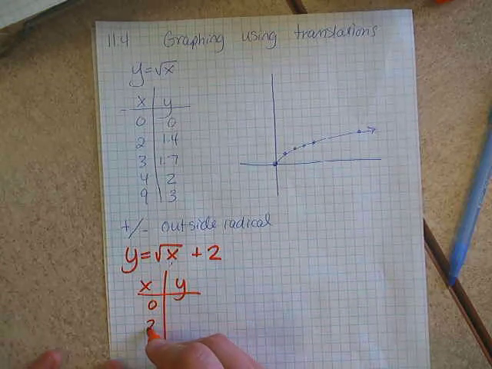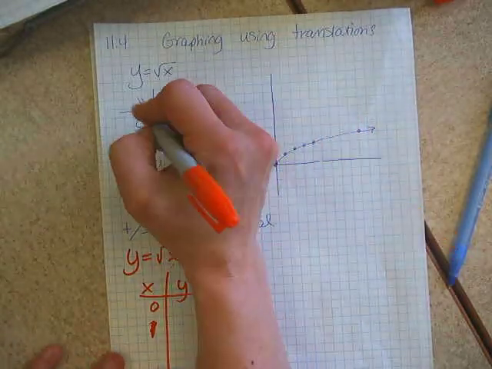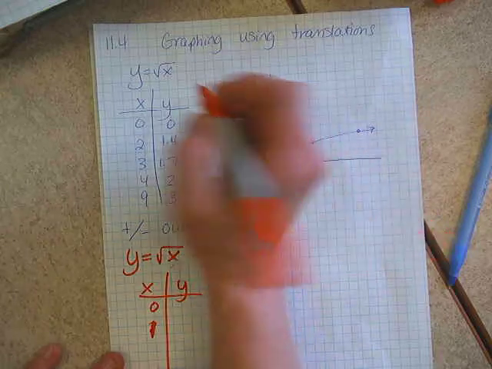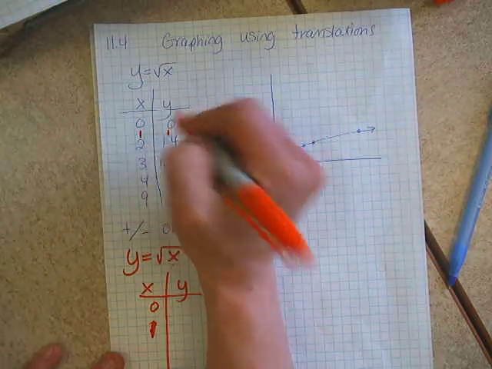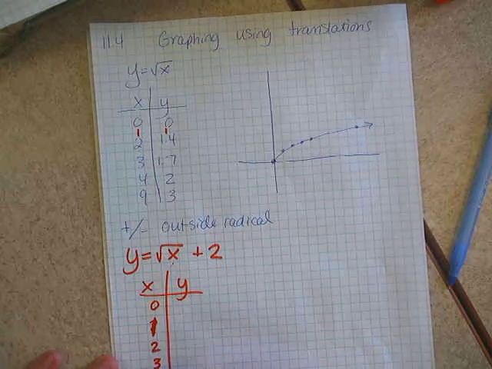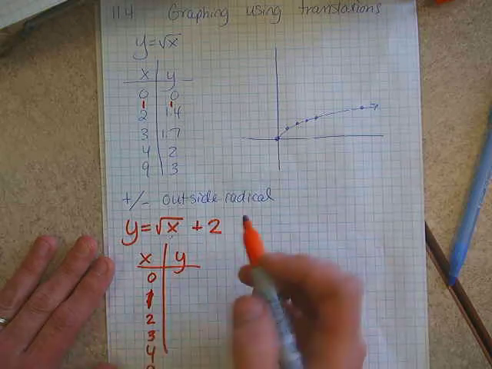So we have 0, 1, oh, I skipped 1, 1 up there, but that's all right. 0, 1, 2, 3, 4, and 9.